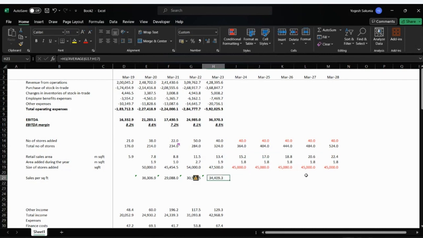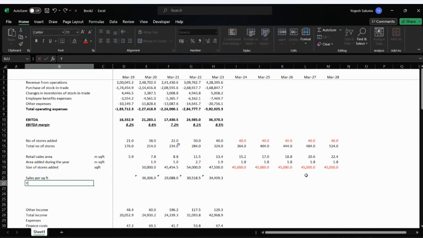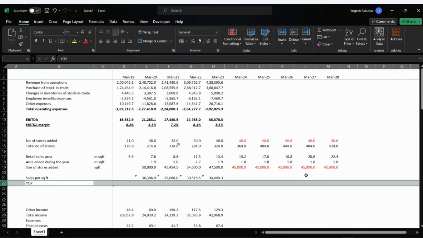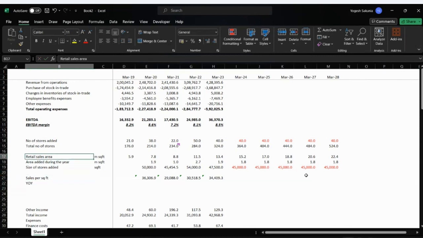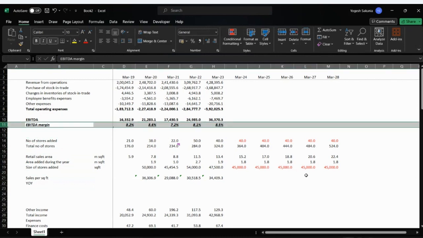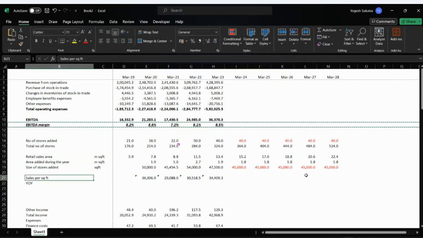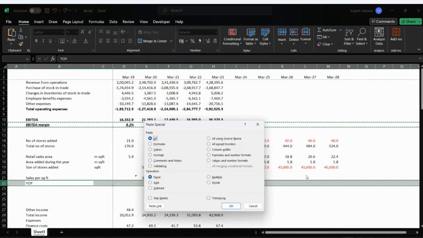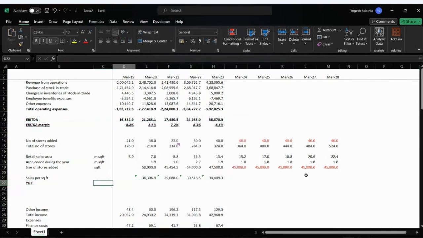The next thing that you need to forecast the revenue is the sales per square feet. For this, we have not much to look at. We are just going to rely on the year-on-year growth number and, based on that, try and forecast. Is this divided by this minus 1?